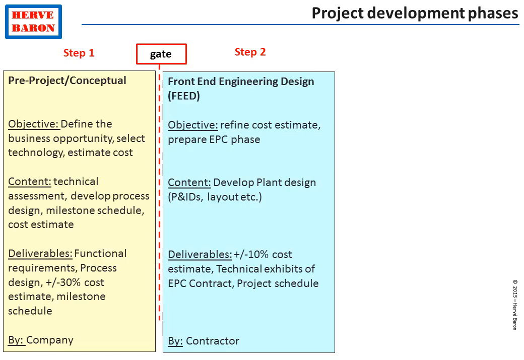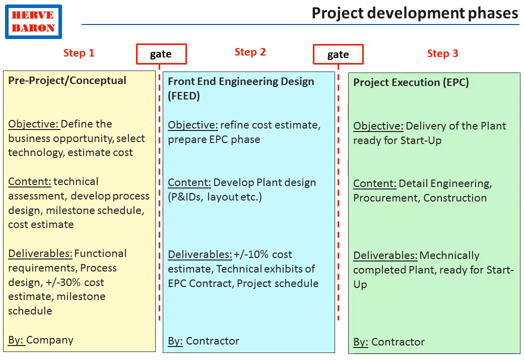At this stage, the plant design is developed to a rather high level of detail, which then will allow, should the investment decision be taken, to move to the next step, which will be step 3, the project execution stage.